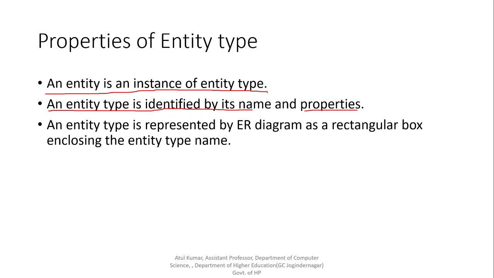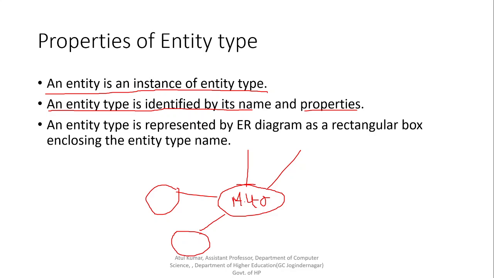For example, suppose Maruti Alto car is the name of that entity type, and it has some properties or attributes. Suppose color is one attribute, type of the car is another attribute, model is also an attribute, company is also an attribute. So these are the name and properties of an entity type.